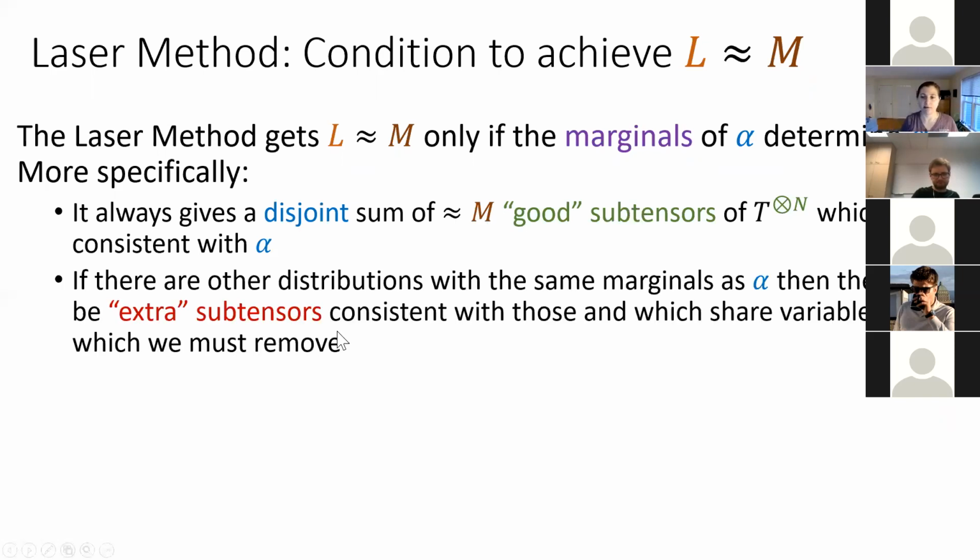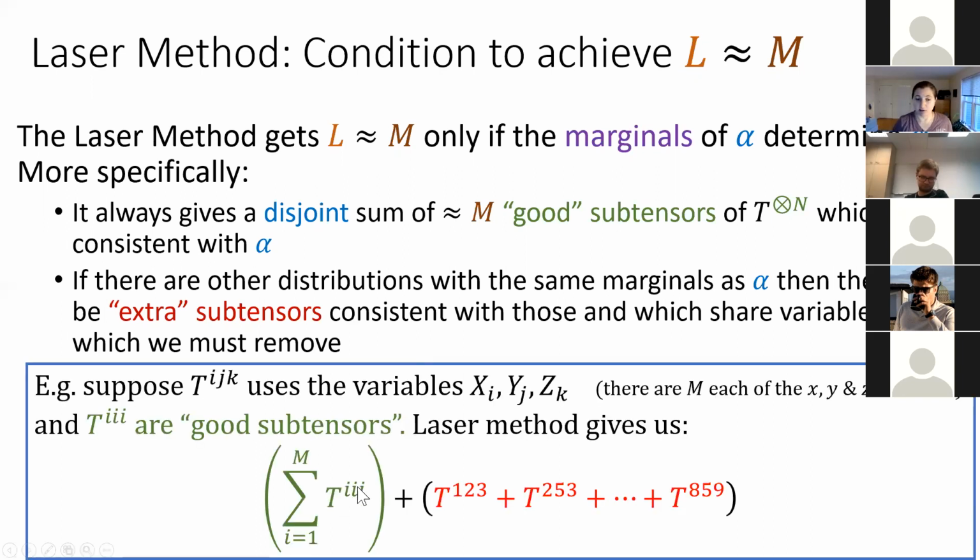But if there's another distribution, it will also give you some extra subtensors that are consistent with the marginals, and those are not disjoint from what you have. They now interfere and share variables with all the ones that you actually want to have.